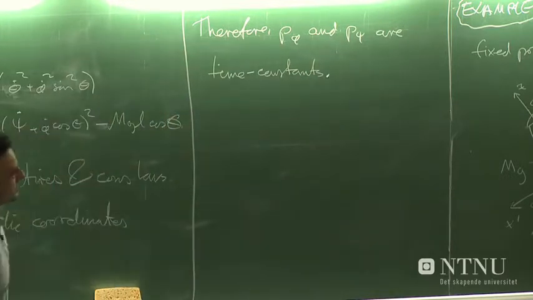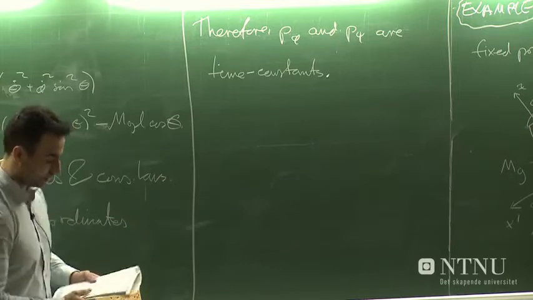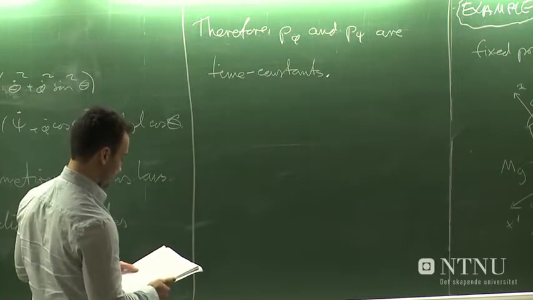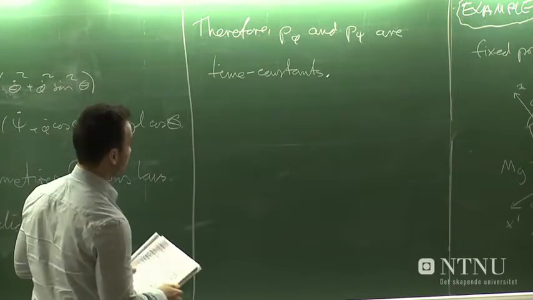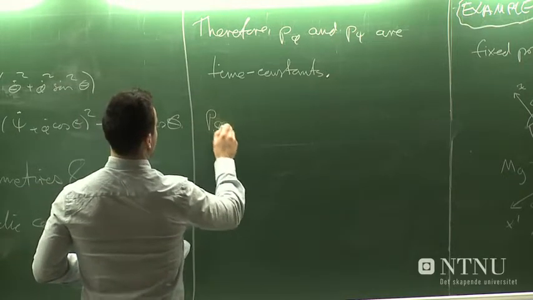So p phi and p psi, defined by the partial derivative of the Lagrangian with respect to the time derivative of the belonging coordinate, are time constants. So let's have a look.